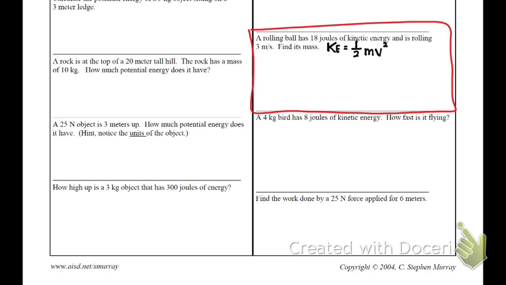So we have a ball that has 18 joules of kinetic energy, and is rolling at 3 meters per second. So what parts of the formula do we already have?